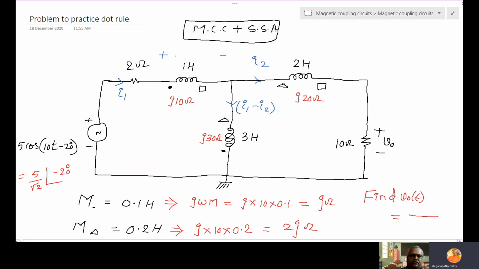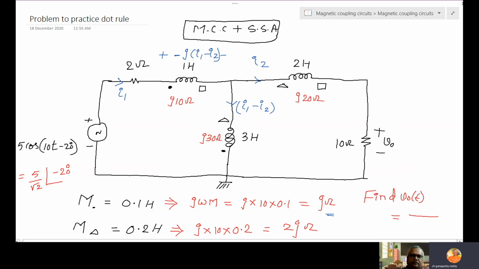So you will get minus, and the dot reactance is j. So minus j into I1 minus I2, because this is the mutual induced EMF because of current in the other coil.